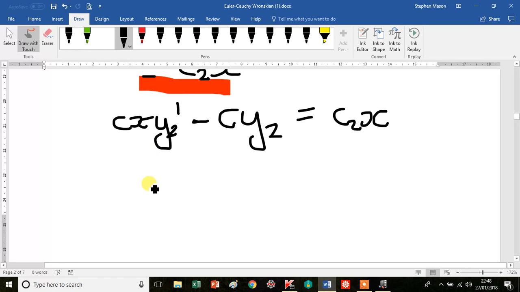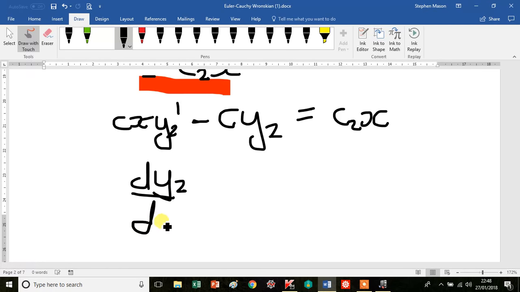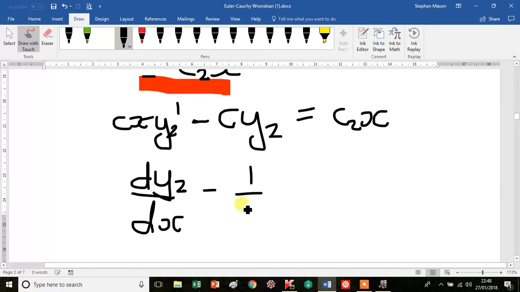So it turns out if you simplify this by dividing through by cx, we get dy2 over dx minus 1 over x y2 equal to c3 just on its own.